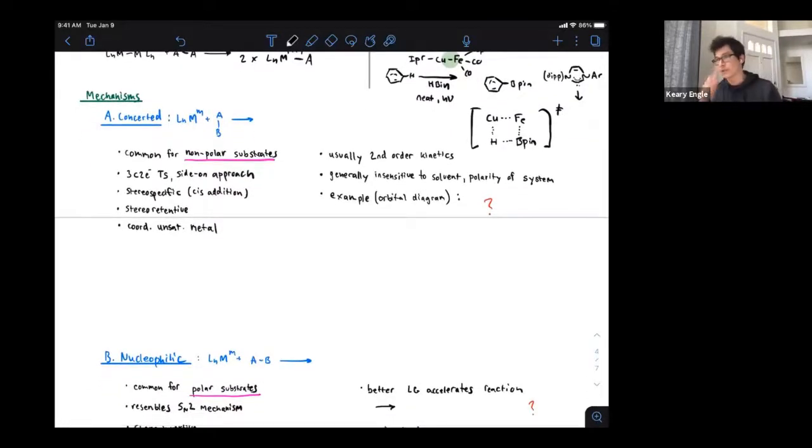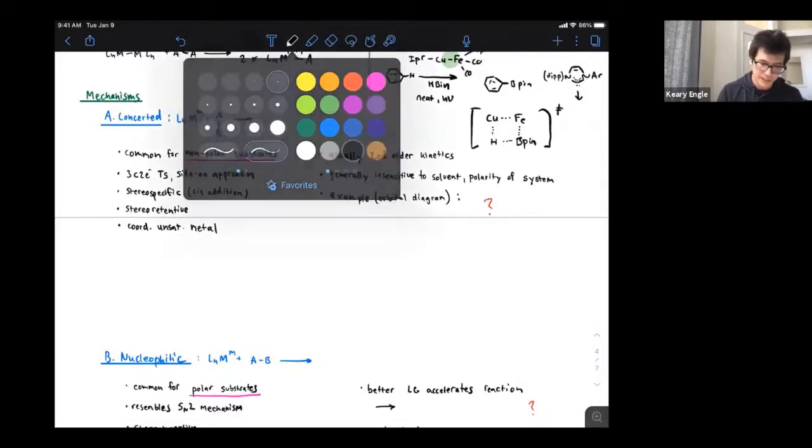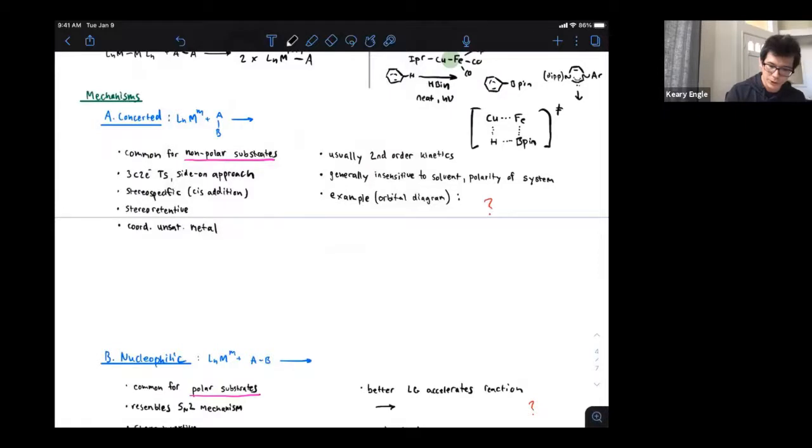Okay, so now let's go through how oxidative addition can take place. One that's common for these nonpolar substrates is a so-called concerted pathway.